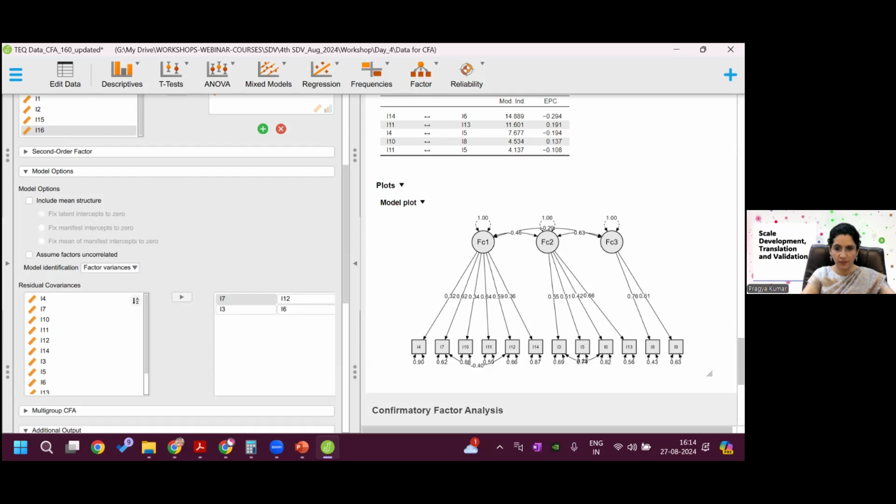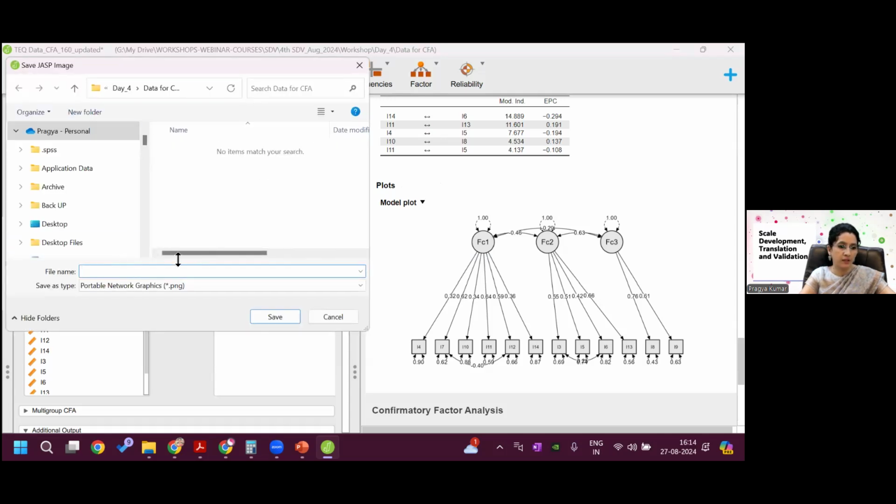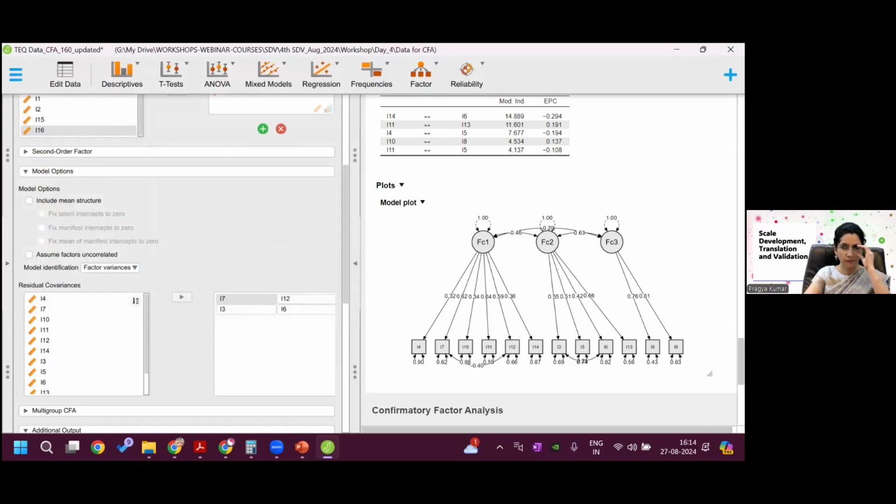And if you copy this, you can copy this or you can save it as an image. And you can save it and then you can use. This is in the form of graphics. So you can just show in the confirmatory factor analysis this path diagram and you can report the other measures the way and you can write it in the write-up.